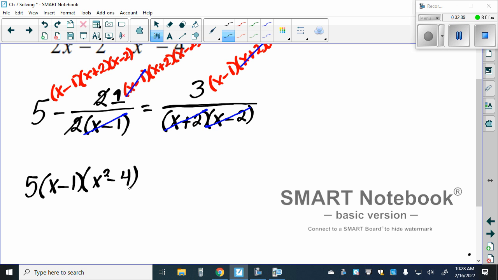So I wouldn't consider that so much multiplying as it is we're just replacing it back with where we got it from. Minus, well, in the middle is still the x plus 2 times x minus 2, which is our x squared minus 4 is equal to 3 times x minus 1.